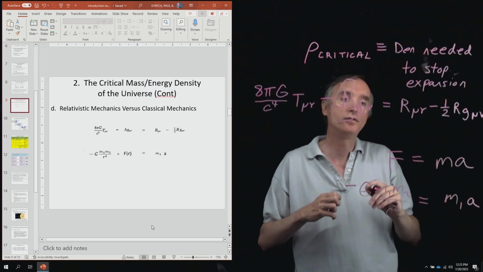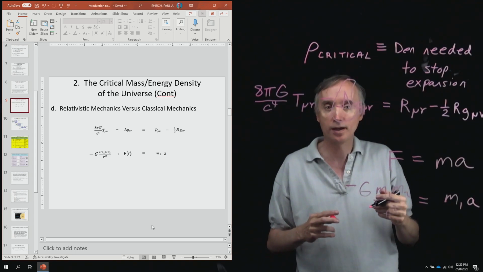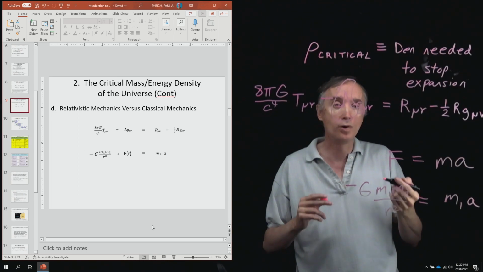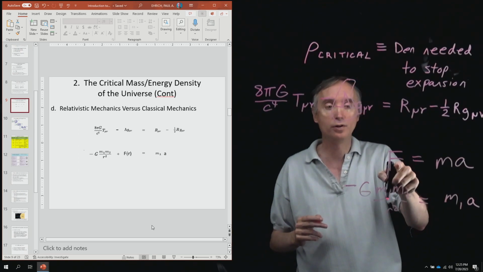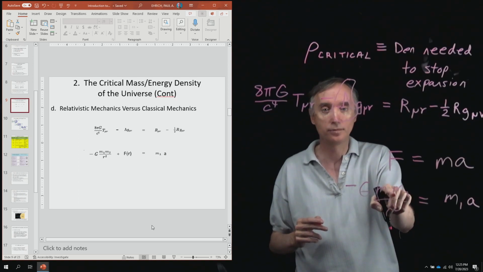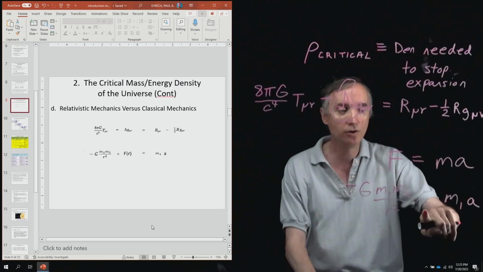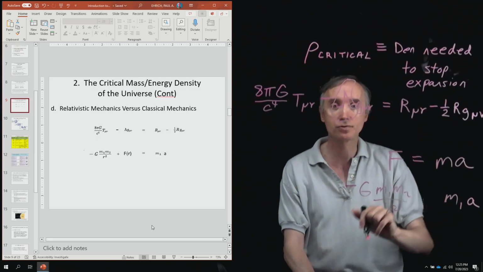But then we found that in order to account for dark energy, we could modify the formula. Instead of it being this, we could add on an extra term.